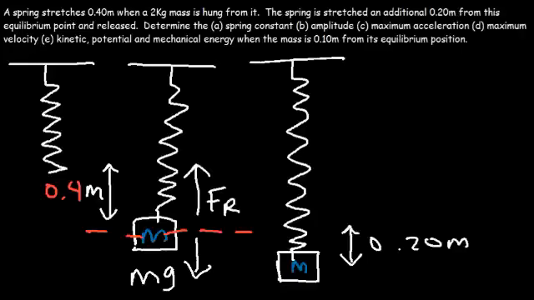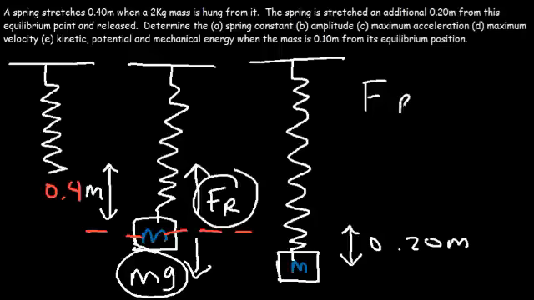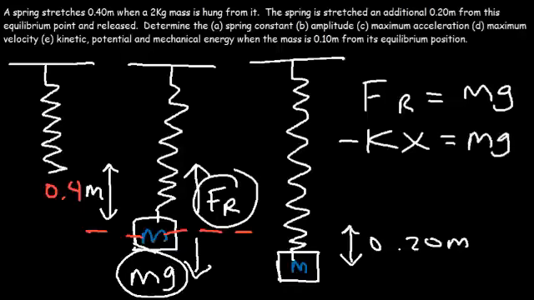So the restoring force is equal to the weight force so that the net force is 0, creating that new equilibrium position. So Fr is equal to mg, and the restoring force is negative kx, and g is negative 9.8, so you really don't need to worry about the negative sign. They will cancel.